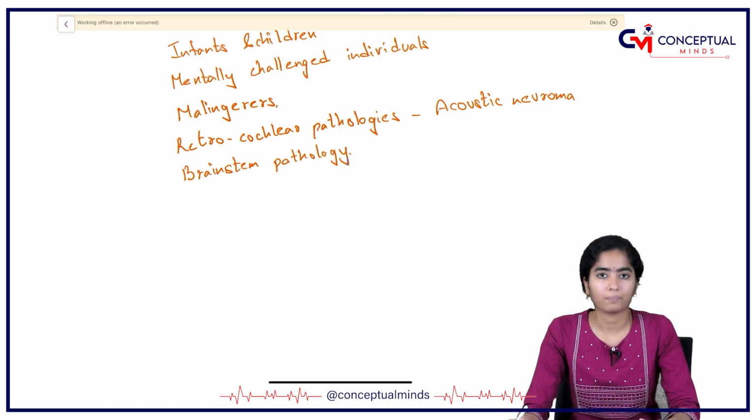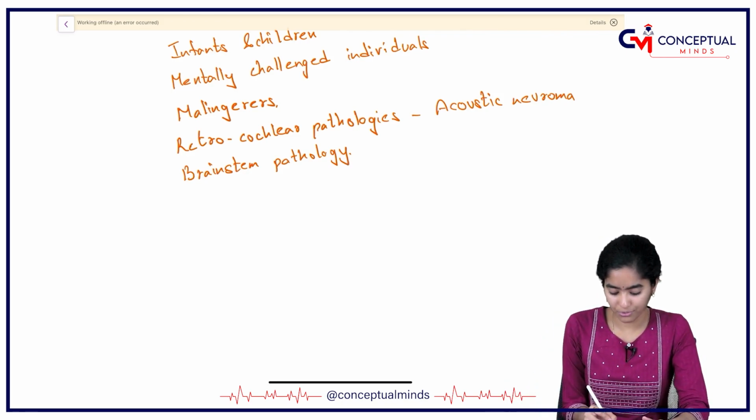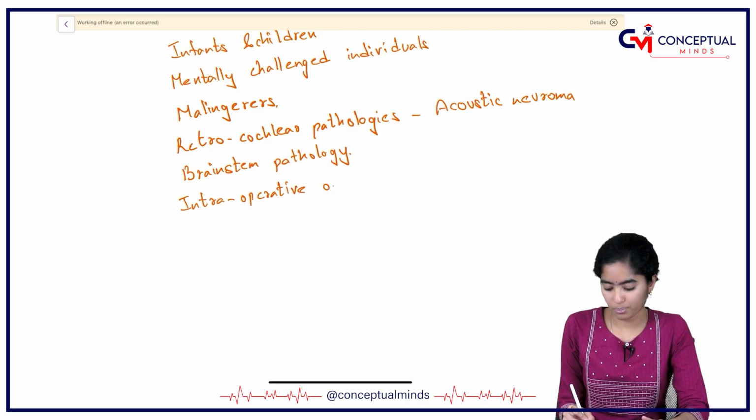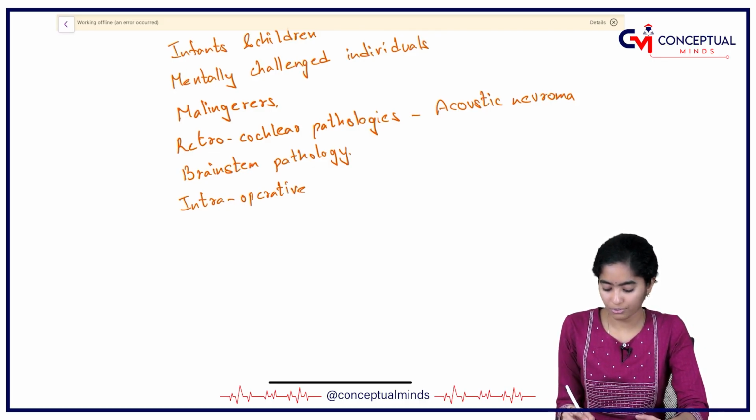Intraoperatively we perform BERA. And those signals can also be recorded, and the moment you observe a disturbance in those waves, it is understood that we are going towards the 8th nerve. So it's also useful for intraoperative monitoring of 8th nerve function.